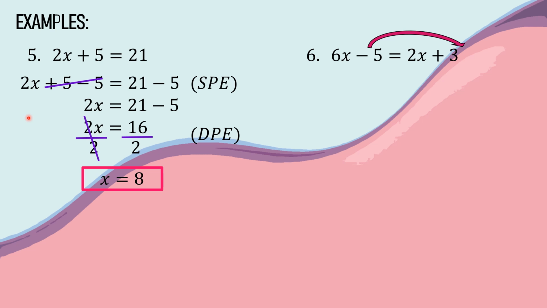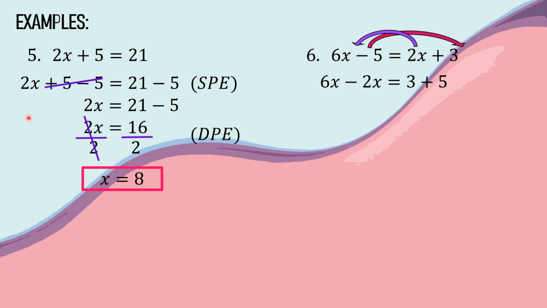So, i-transfer natin or i-transpose natin ang negative 5 sa right side ng equation and i-transpose natin ang positive 2x sa left side ng equation para magtabi sila ng 6x. And then, kapag nagka-transpose tayo, palagi pong nagbabago ang sign. So, kung ang negative 5 ay tinranspose natin sa right side, ito ay magiging positive. Ang 2x naman, kapag tinranspose natin sa left side, ay magiging negative 2x.